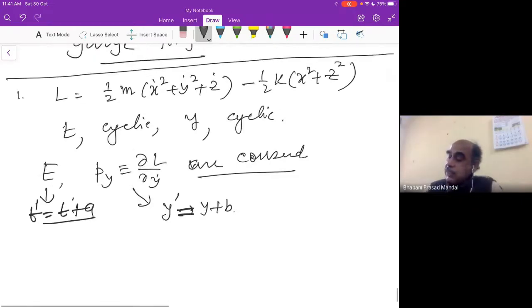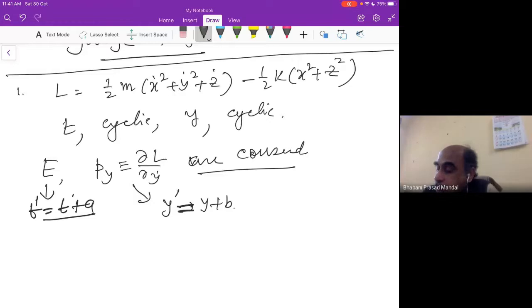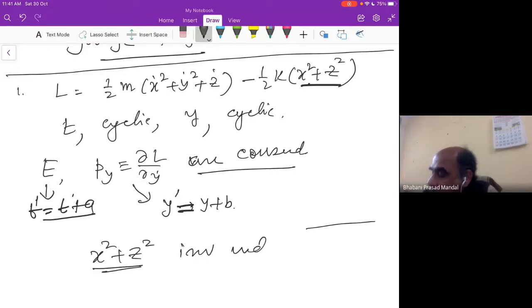But now there is one more conserved quantity. That is the main thing I wanted to see. Y is missing, but also x and z have the same coefficient k. When they have the same coefficient, the Lagrangian is invariant under rotation, because any vector in the xz plane is invariant under rotation about the y-axis.